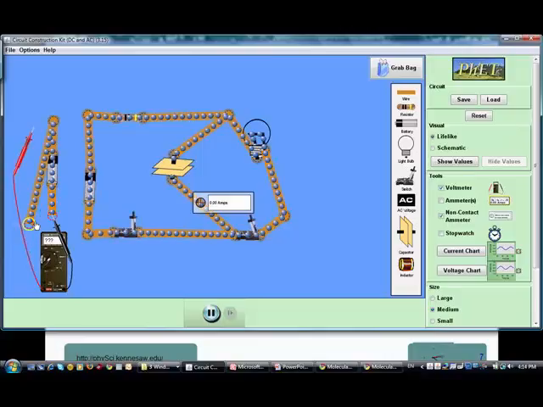This one is connected to the positive lead. This one is connected to the negative lead. What do we know about charges? Positive and negatives attract. So this is what's happening here. This lead is connected to the positive lead, and this is connected to the negative lead.